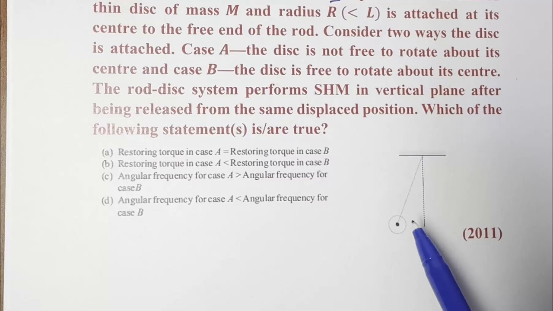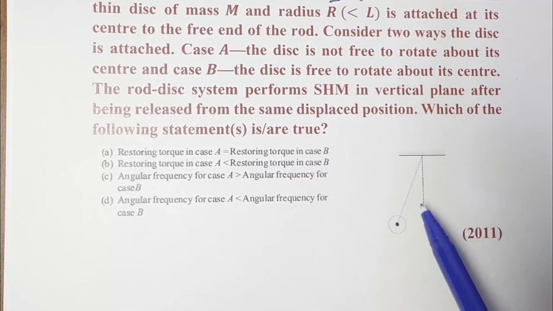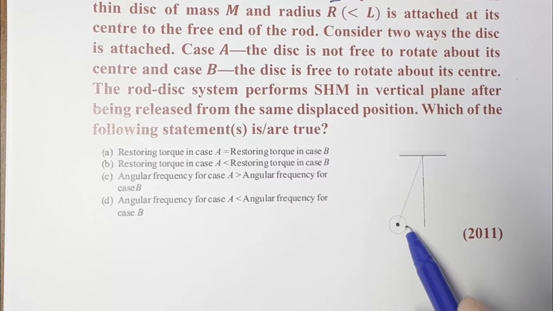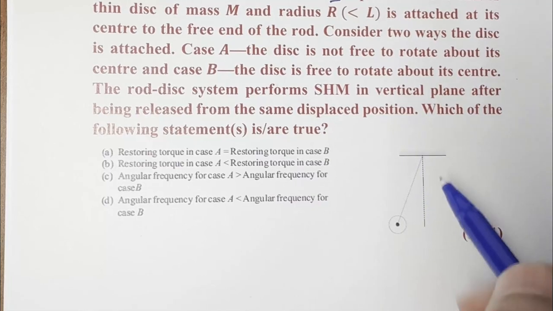In the first case it is said that the disc is not free to rotate. It means that in that case we are going to treat this disc as a point mass, and we are going to find its moment of inertia with respect to this pivot point.